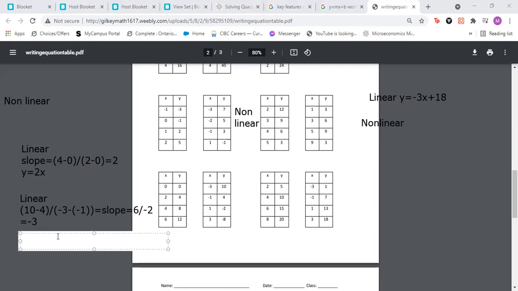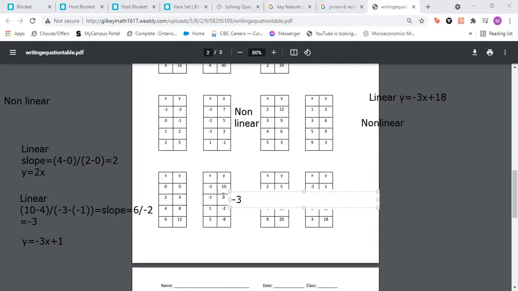No, sorry. -3x plus 1. Because you subtract 3 from the 4 and that'd be 1, right? Yeah. And then if you subtract -3 from 1, it'd be just -2. Oh, okay. So the equation would be y equals -3x.